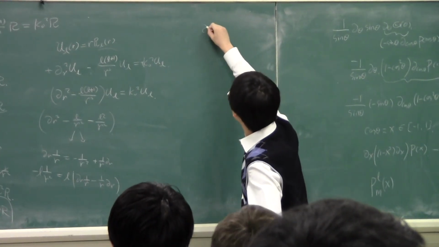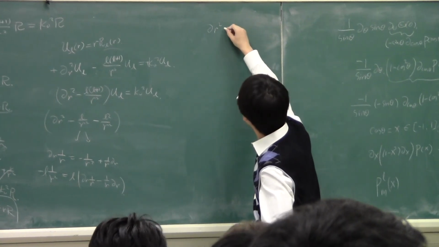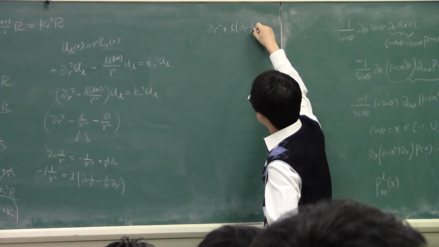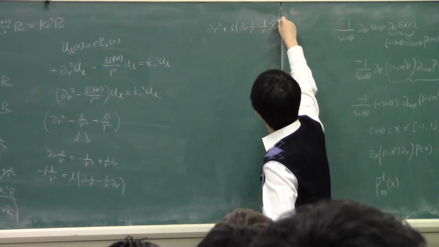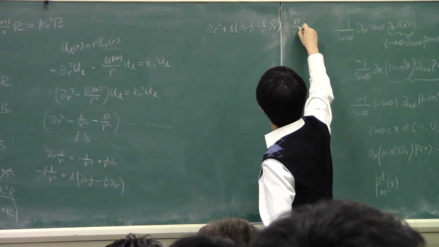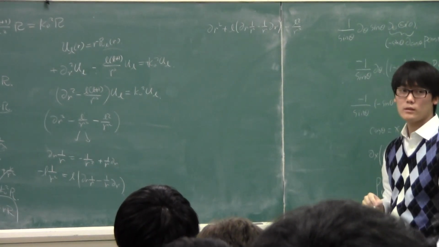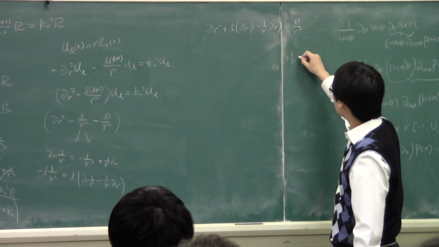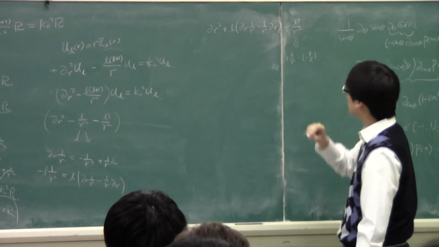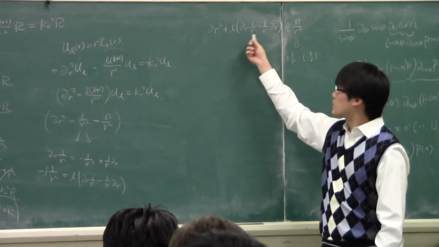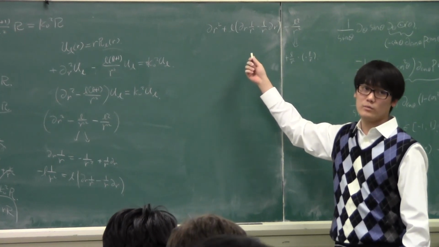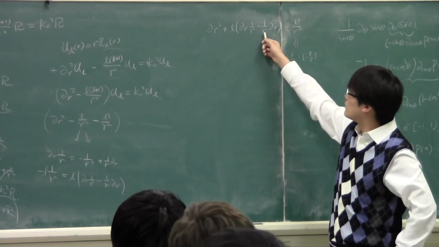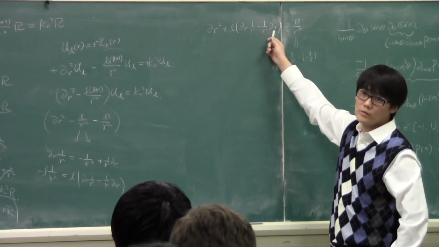Alright, so this turns into d_r squared plus L times d_r 1 over r minus 1 over r d_r minus L squared over r squared. This term obviously comes from plus L over r times minus L over r, and these terms come from the cross terms, and it's just a matter of determining which one is to the left and which one is to the right. Notice that the 1 over r with a minus sign appears to the left of the differential operator.